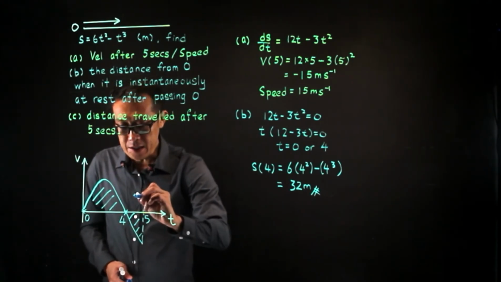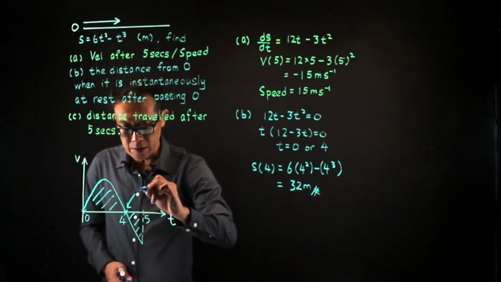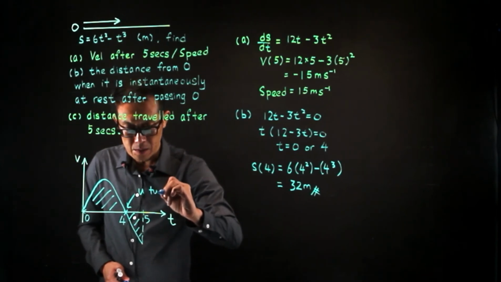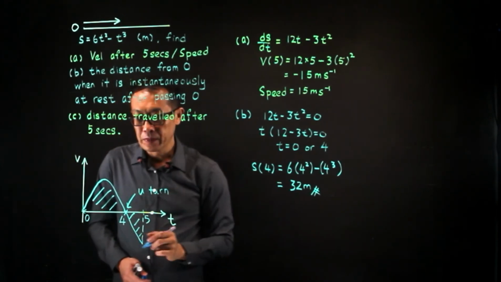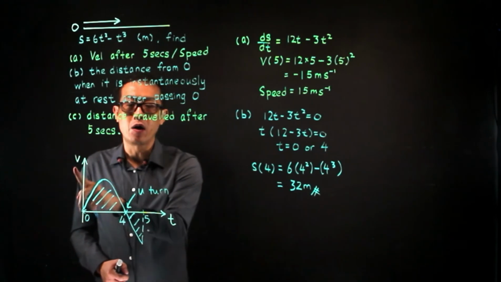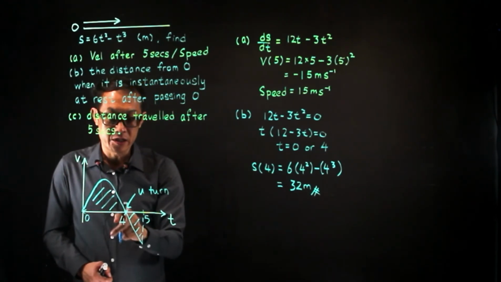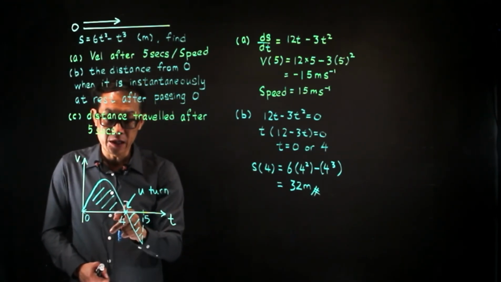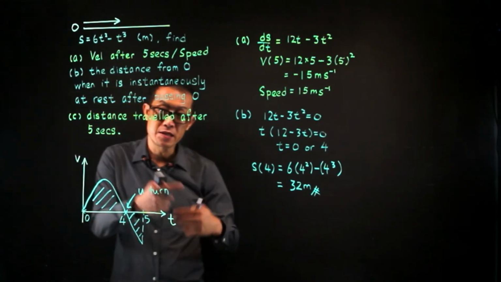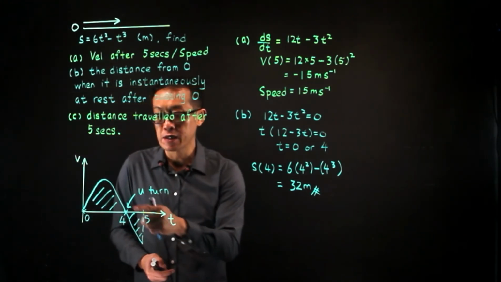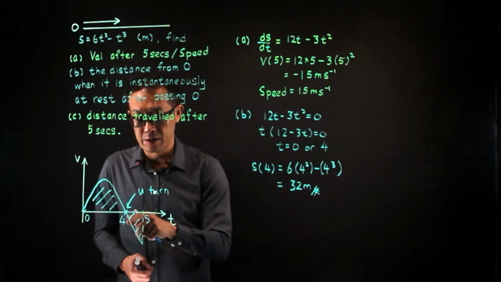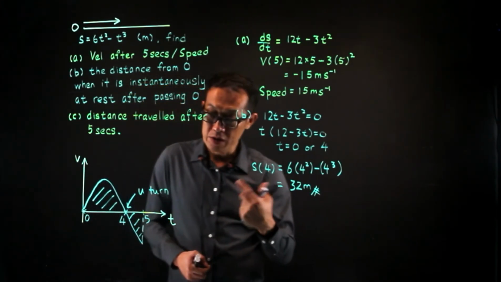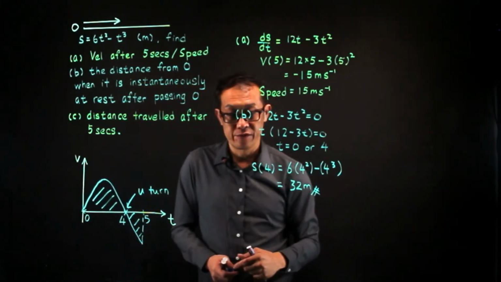This is a point where it U-turns, because the polarity of your velocity changes sign. It changes from positive to negative. That means it is traveling in the opposite direction from the start, when the velocity is negative.